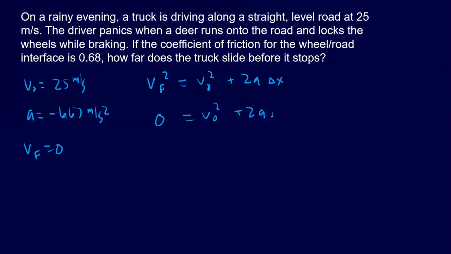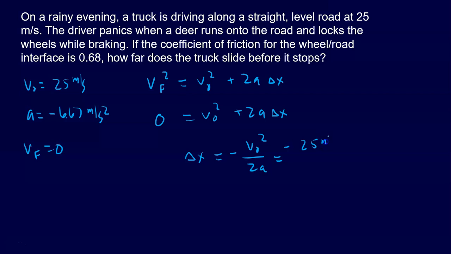So plus 2a delta x. And what I'll go through is solve for my delta x. And delta x, if I do this right, will come out to be v0 squared over 2a. And so if I plug in my numbers, I get 25, let's see, actually I dropped a negative sign, because if I bring this over, there should be a negative sign.